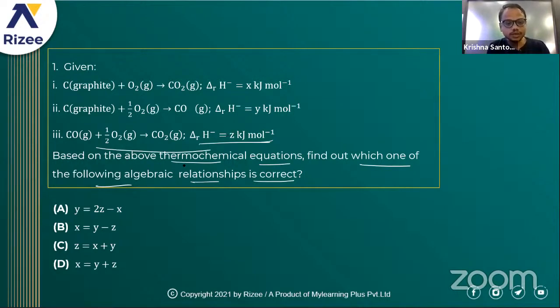Based on the options, he is asking for the relation between X, Y, and Z. First of all, suppose these are equation 1, equation 2, and equation 3.